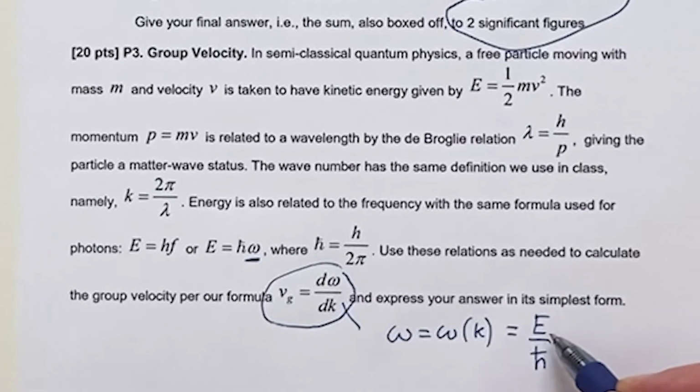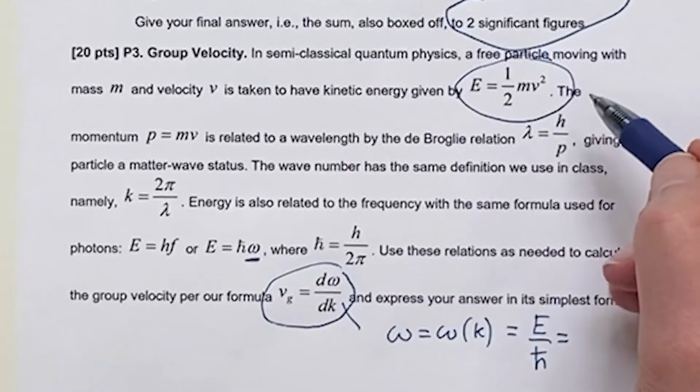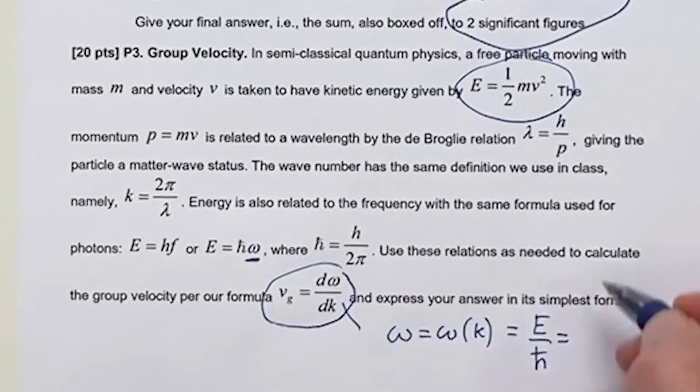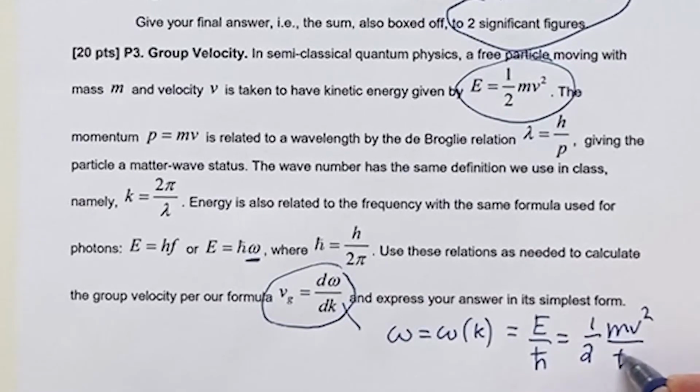And now I don't see here any k's. So I go to my E and say, oh, here's my E. And my E is going to be then 1/2 mv squared over h bar. I still don't see any k's.